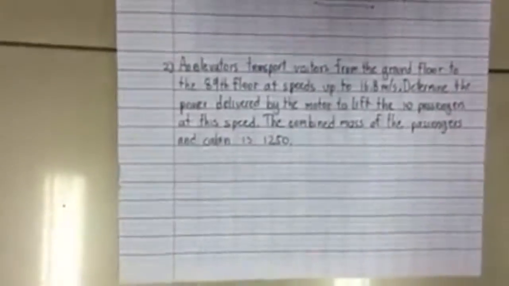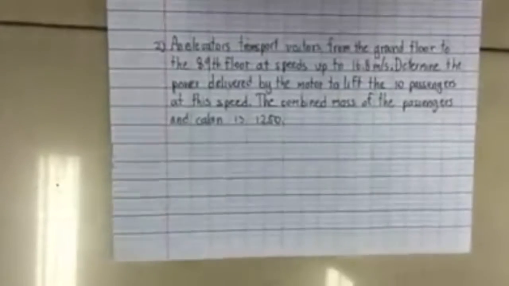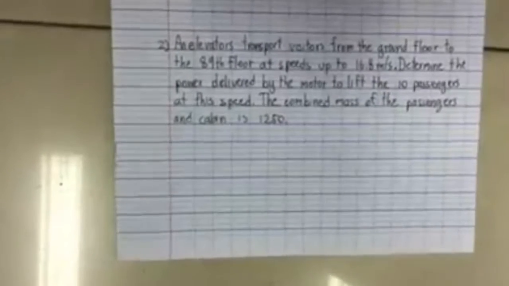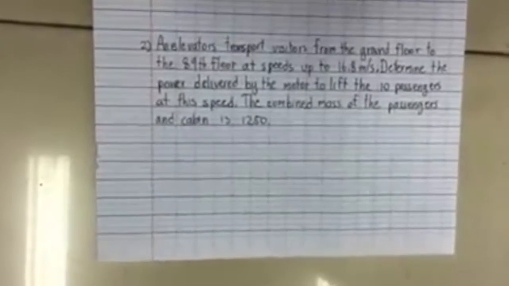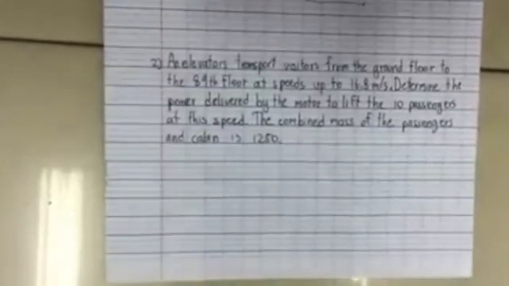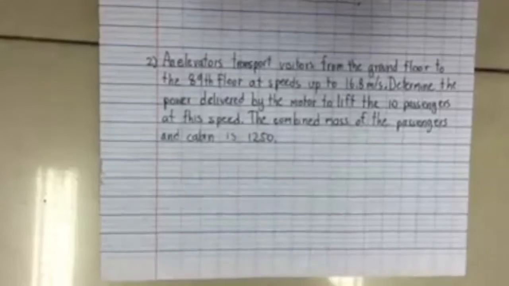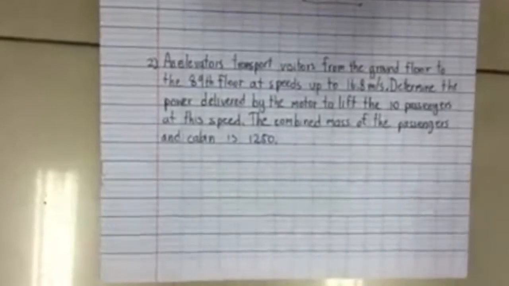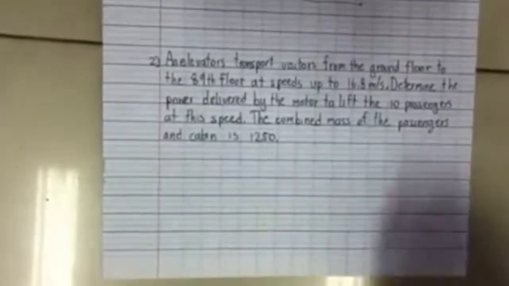The next question: an elevator transports visitors from the ground floor to the 89th floor at speed up to 16.8 meters per second. Determine the power delivered by the motor to lift the 10 passengers at this speed. The combined mass of the passengers and cabin is 1250.